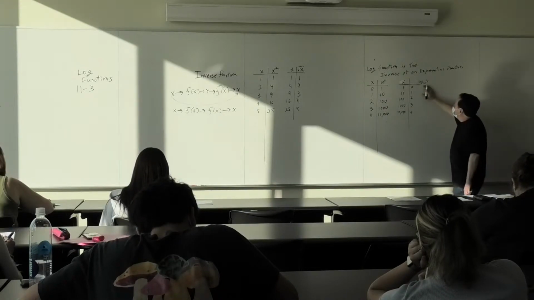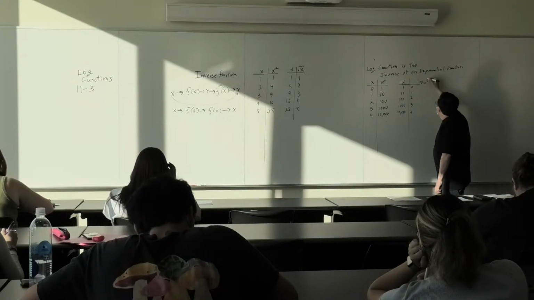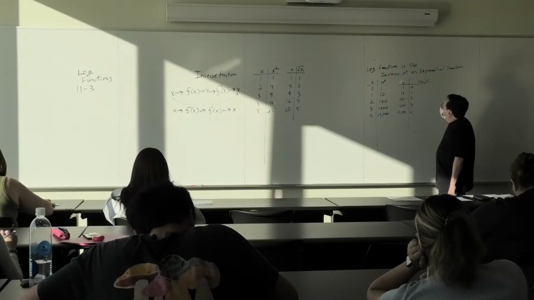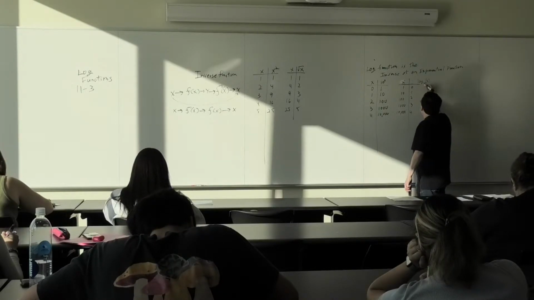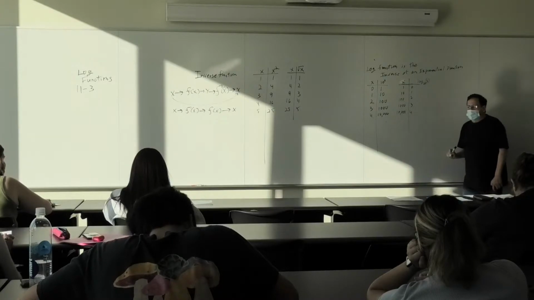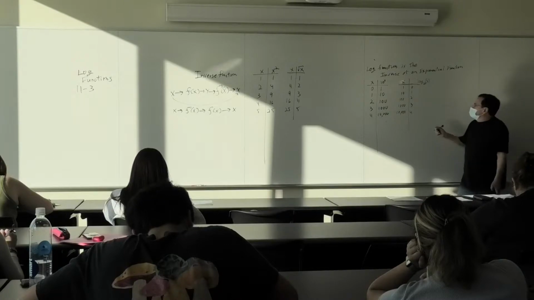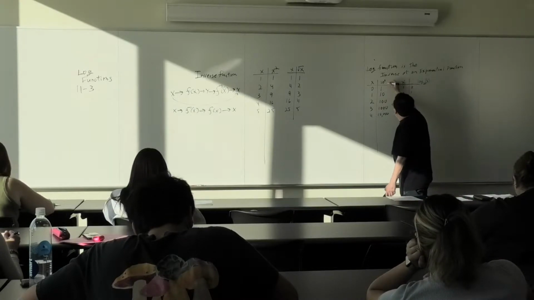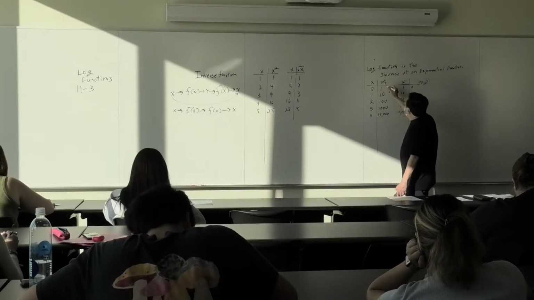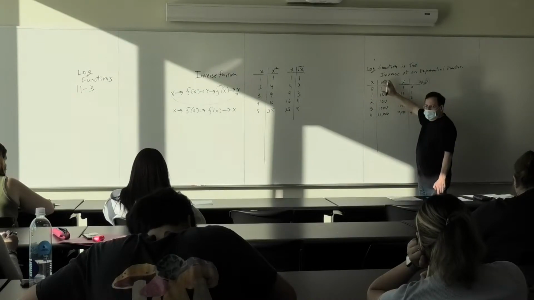Now let's look at that. This is a function of x. I've got this notation down here, which we call the base. And that base refers to the number that the exponential function is raising things to.